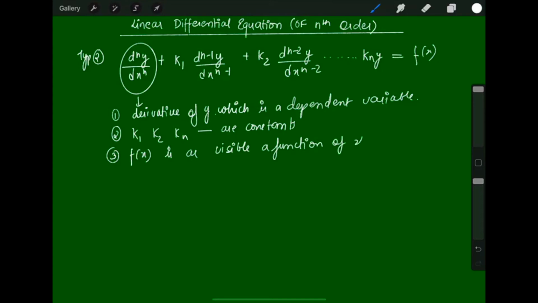Since you can see in this general format of differential equation, the independent variable is x and the dependent variable is y. There is no term in between the plus or minus signs where the dependent variable and the derivative are multiplied. So such an equation is known as a linear differential equation.